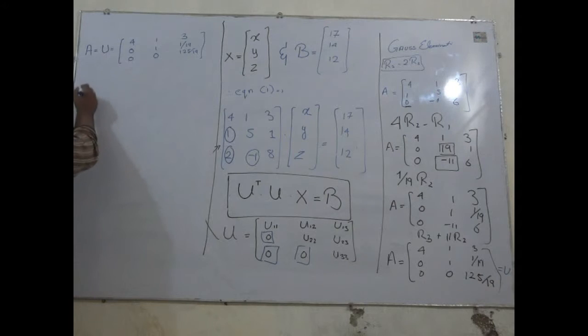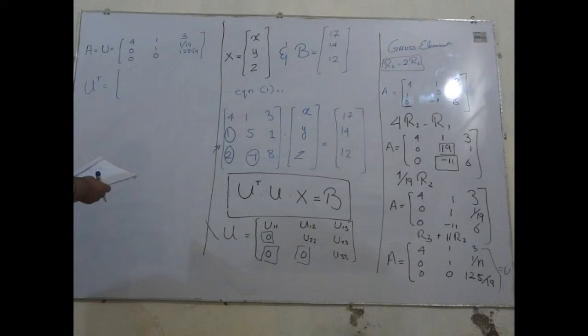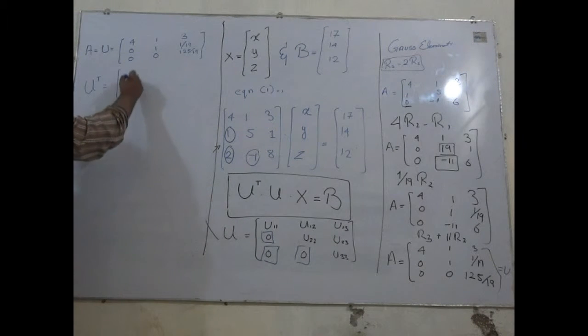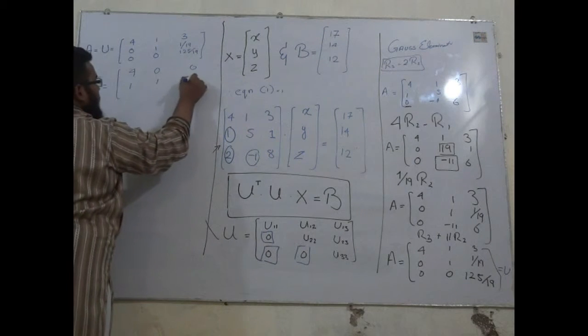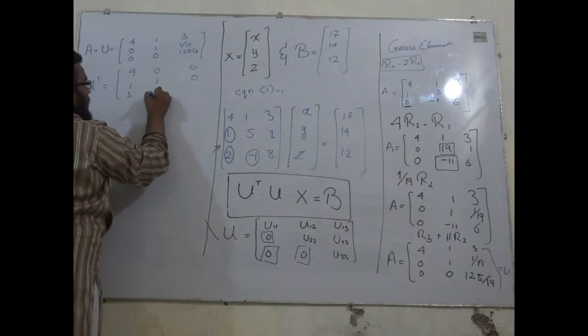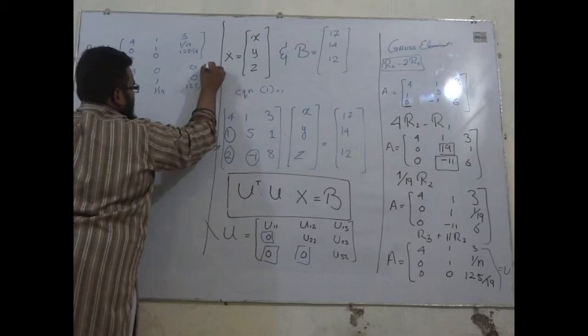Now this is U, and the transpose of U, by changing rows into columns, we get 4 0 0, 1 1 0, 3 1 over 19, 125 over 19.